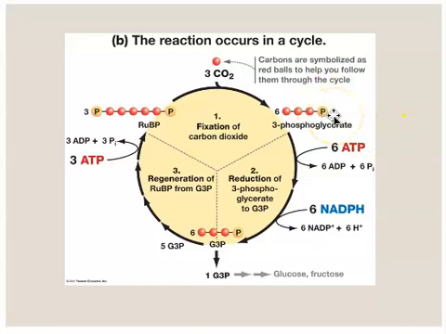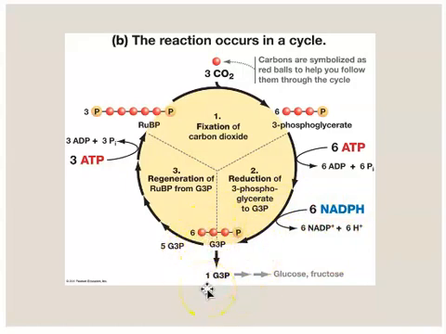As 3-phosphoglycerate enters the reduction phase, and remember in that phase it will be used to produce G3P, this is where we see the ATP used, it'll be broken down, and the NADPH used, it will become oxidized, and G3P will be the product.